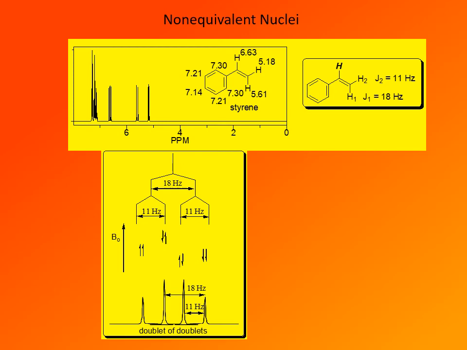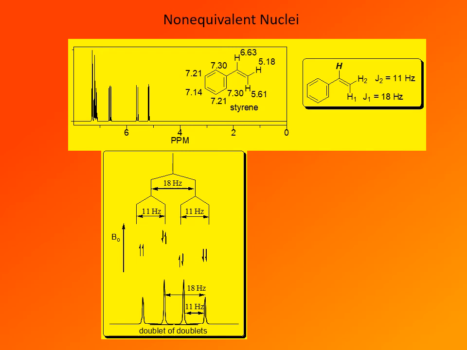Now each of those signals will be further split into a doublet by the cis proton at 5.18 with a smaller coupling constant of 11. And so at the end we observe 4 signals. We call those 4 signals a doublet of doublets, because the first proton split the original signal into a doublet, and the second proton split it again, each doublet into another doublet.